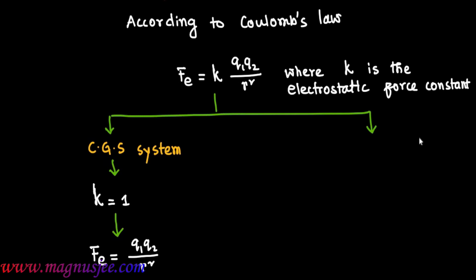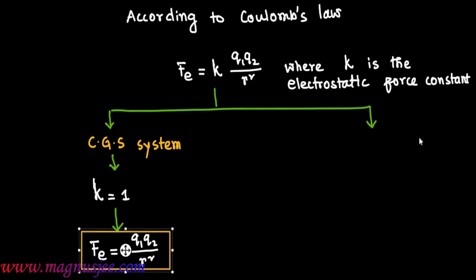This is the expression of electrostatic force in CGS system, where the value of the electrostatic force constant k is 1.